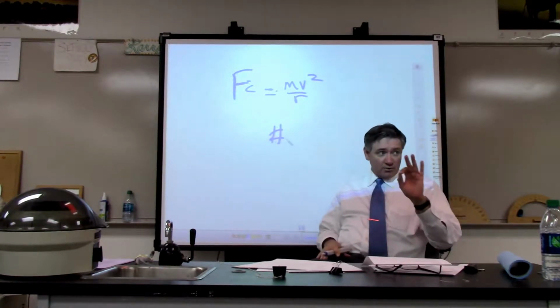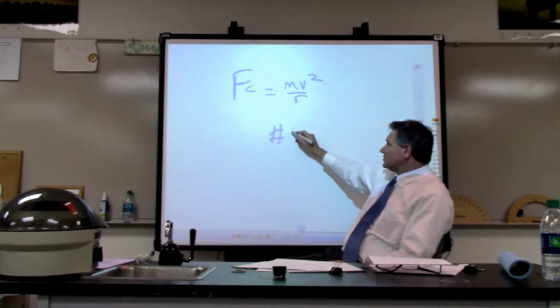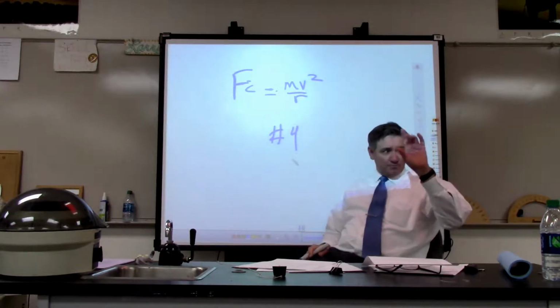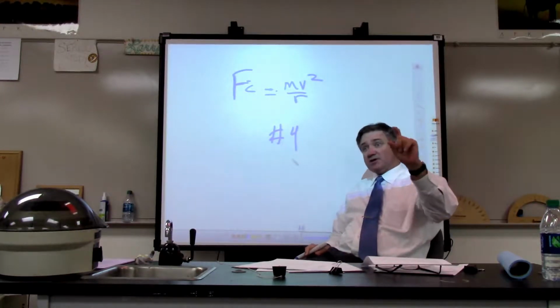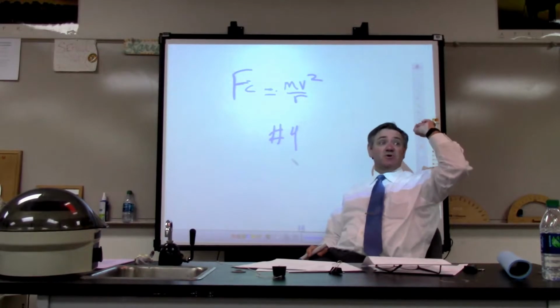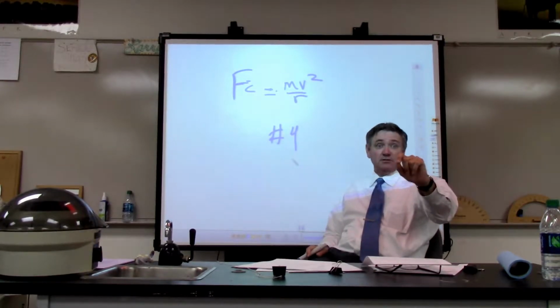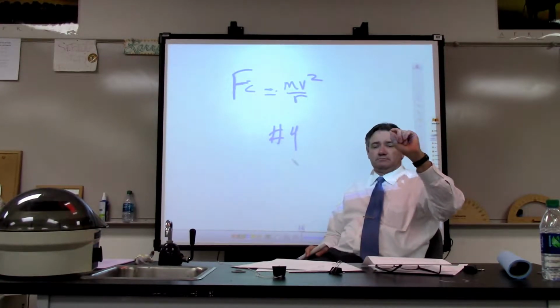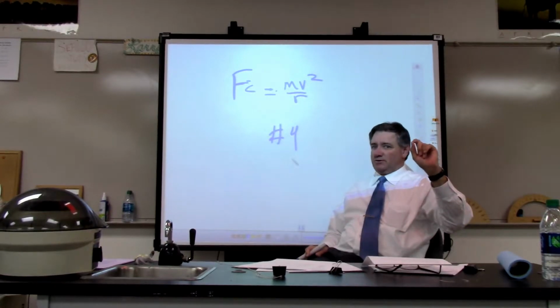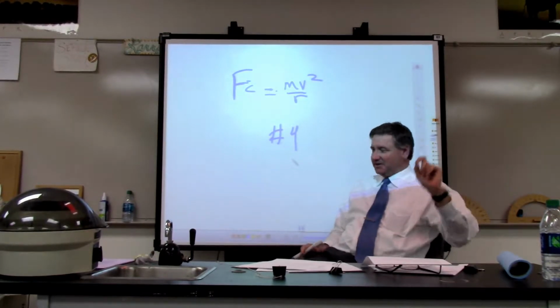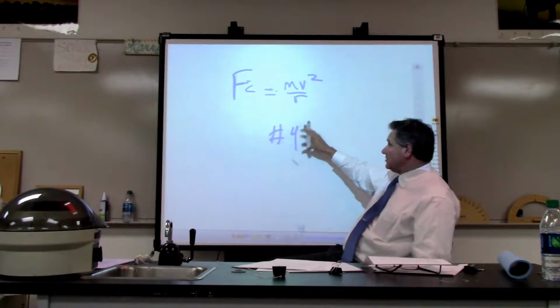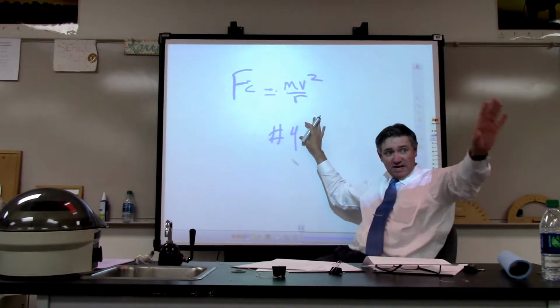So on trial number 4, you had a 0.4 kilogram mass. 0.4 kilograms times 9.8 meters per second squared got you what? How many newtons? 3.92.